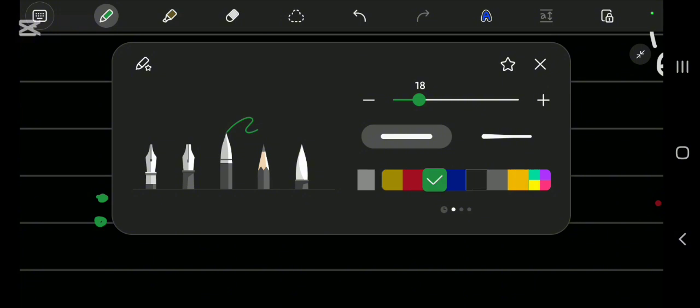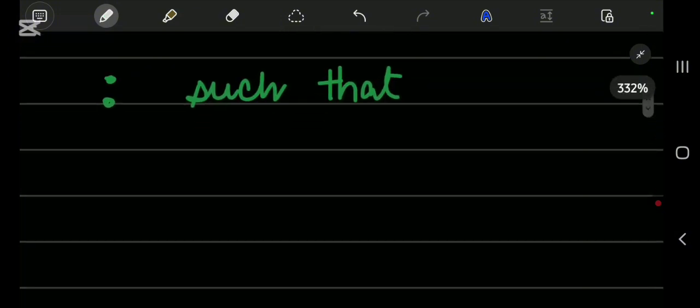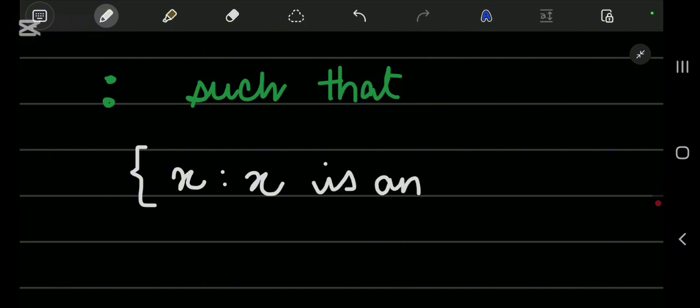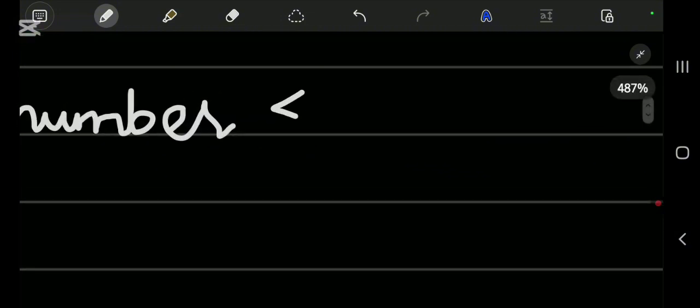Okay, now let's see how it is used. They give you information like x such that x is an even number less than or equal to 20.